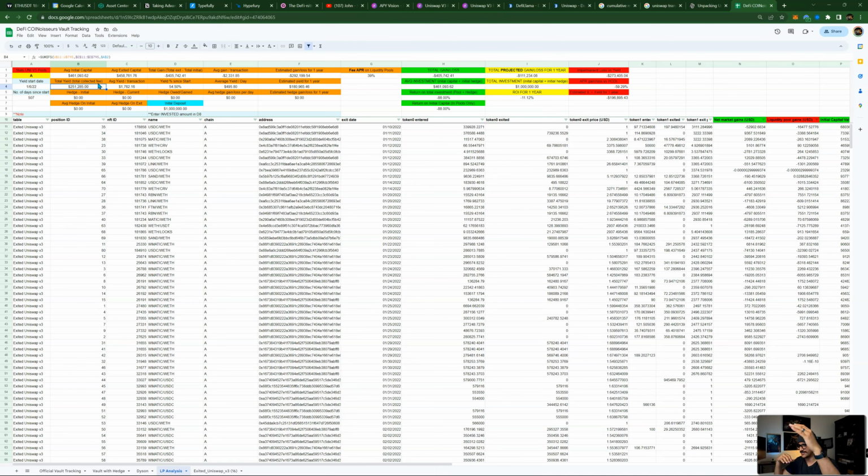Say you get into Ethereum USDC at 2,000, it draws down to 1,800. You close it out, rebalance, but you sell off too much Ethereum, and then price moves back up. Now, not only did you take impermanent loss on the way down, but now you're taking impermanent loss on the way up. It's a double whammy, right? Instead of taking impermanent loss on the way down and then recapturing it on the way up, that's what you're looking to do.